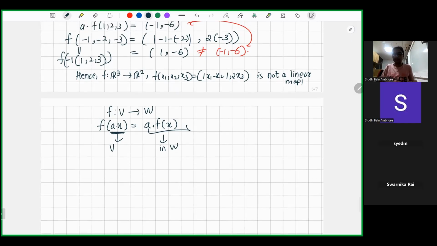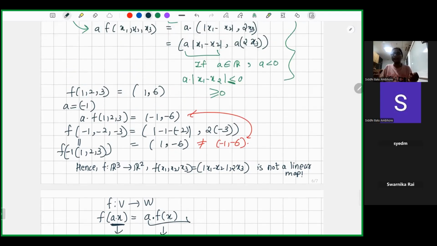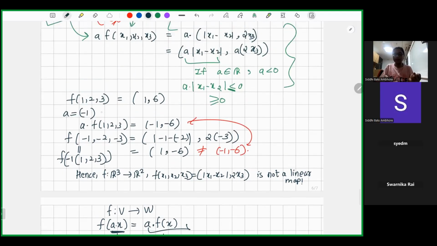I'm multiplying first in my domain and then taking its image, and here I have the image of some element and then I'm multiplying it by some scalar in the codomain. When they both coincide, that's when I call my map a linear map, and that's exactly not happening here. When I multiply here, the image is non-negative, but in the codomain, when I multiply by some negative real number, it is not.